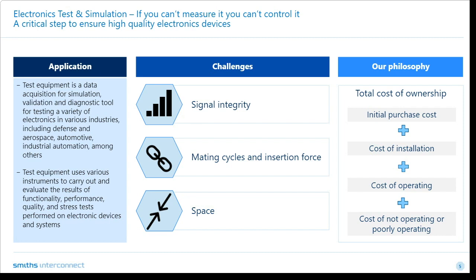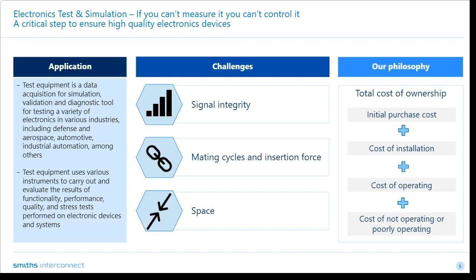So test equipment is data acquisition for simulation, validation, and diagnostic tools for testing a variety of different electronics in various industries and end-use applications, including defense, aerospace, automotive, and industrial automation, just to name a few, right? The list is much longer.